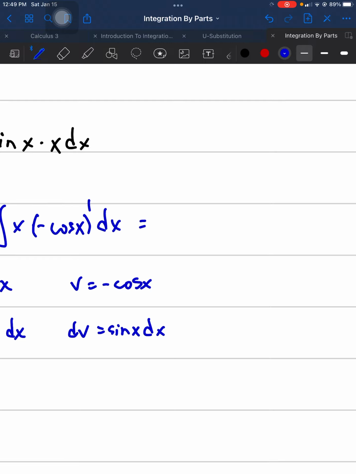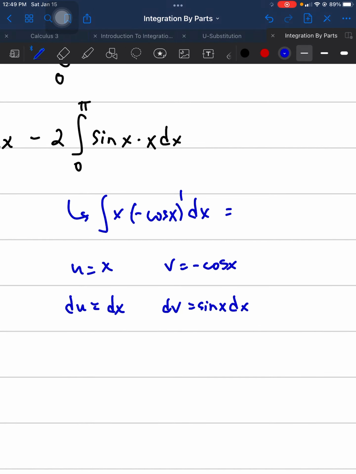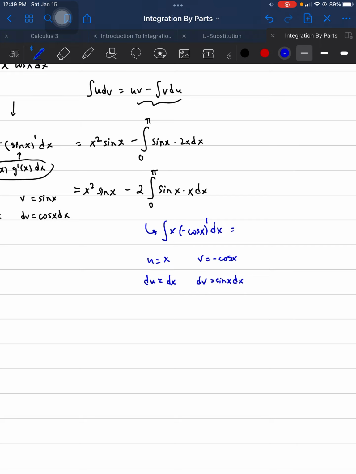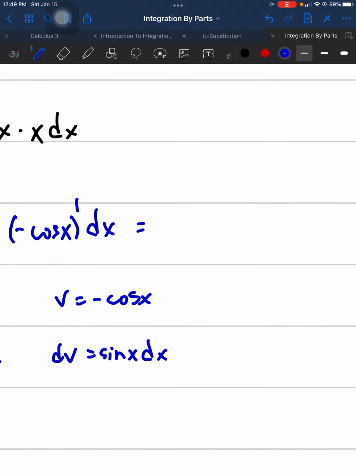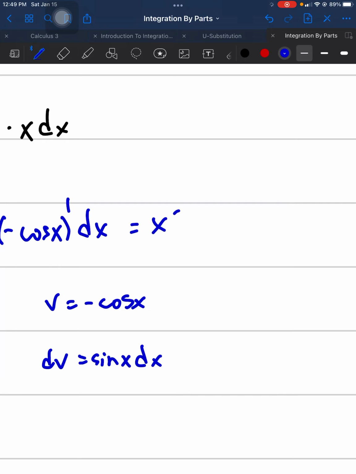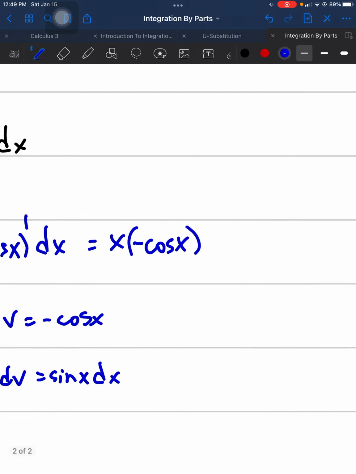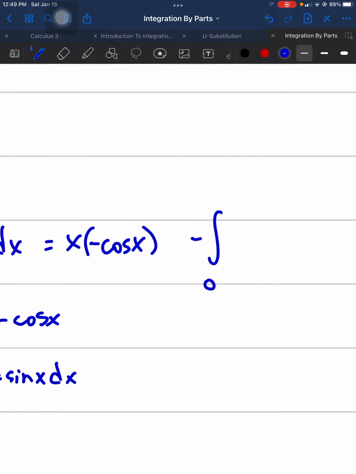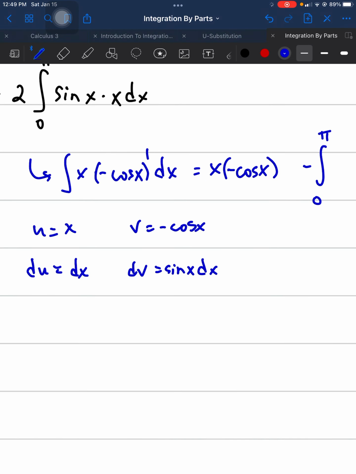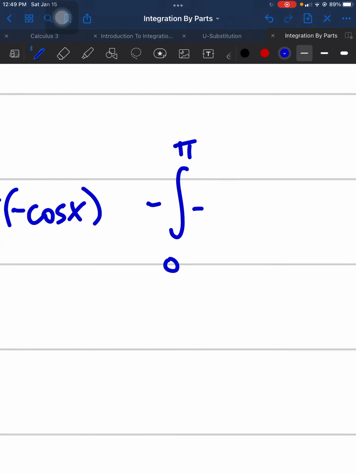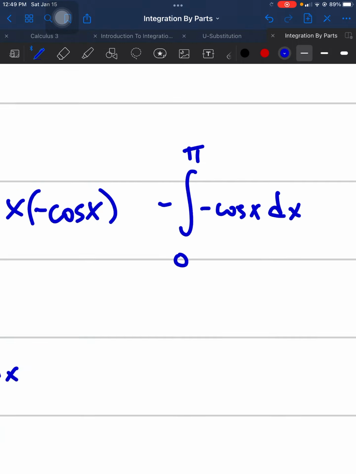So what we can do now is just plug in. So uv, so u times v, right here, is gonna be, let's see, x times negative cosine x minus the integral 0 to pi of, so we need v du, so right here, v du, so negative cosine x dx, negative cosine x dx.